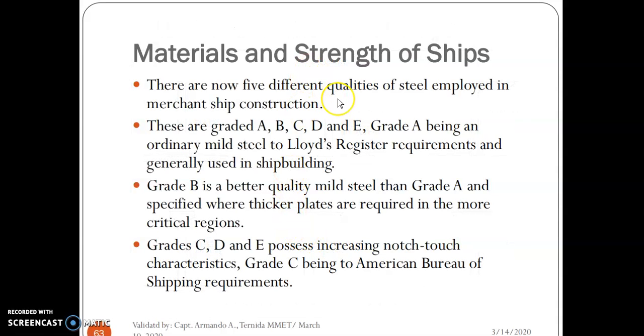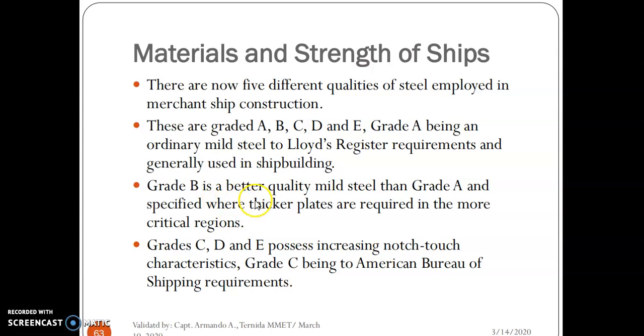Okay, so there are now 5 different qualities of steel employed in merchant ship construction. These are graded A, B, C, D, E. Grade A being ordinary mild steel, to Lloyd's Register requirements and generally used in shipbuilding.